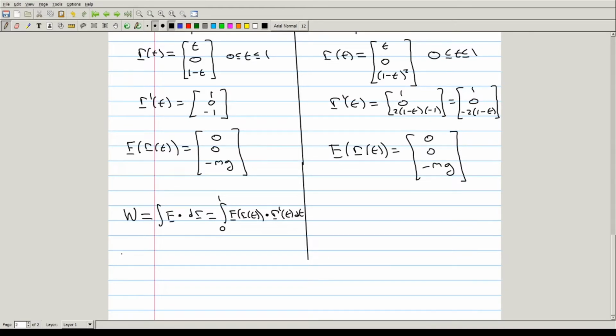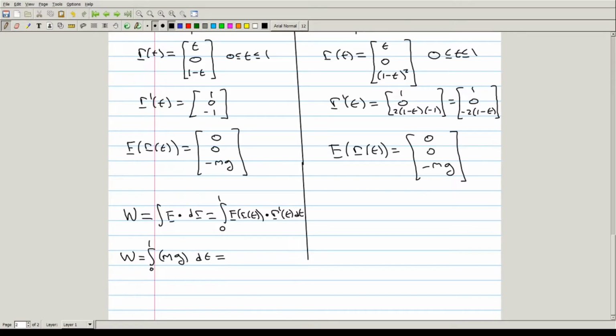So when we go through then and calculate the work for path 1, the work done against the vector field F along path 1, this becomes the integral from 0 to 1 of the dot product of this vector with this vector, which will be 1 times 0 plus 0 times 0 plus negative 1 times negative mg, which is just mg, dt.